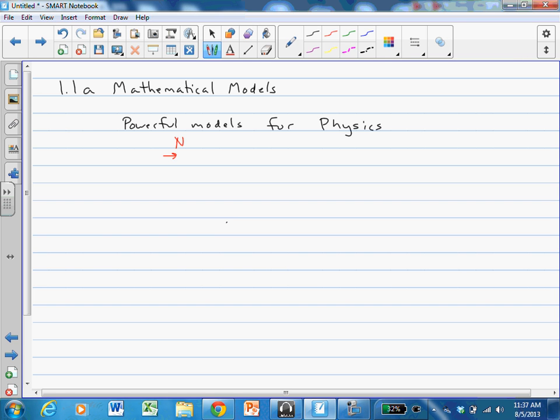So in this description of how nature works, we would try to collect some data. And then we look for patterns in the data. And then we try to explain the patterns with mathematical models.